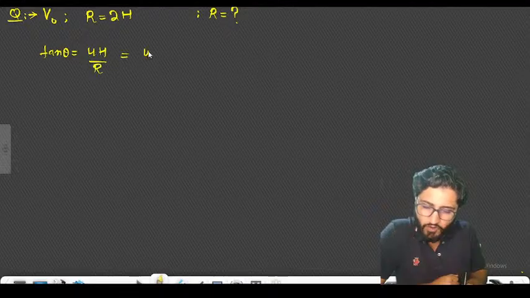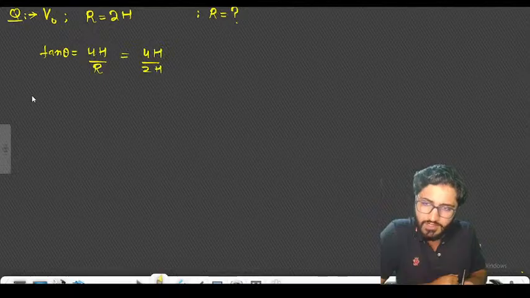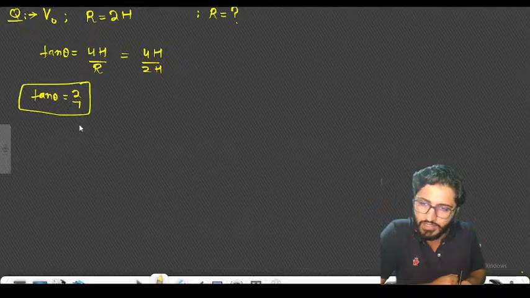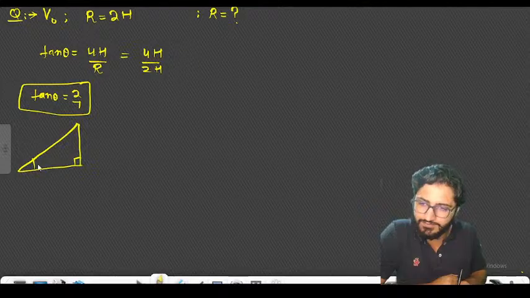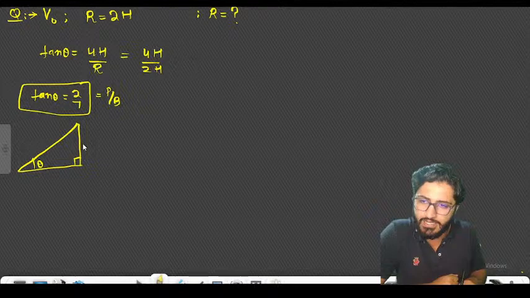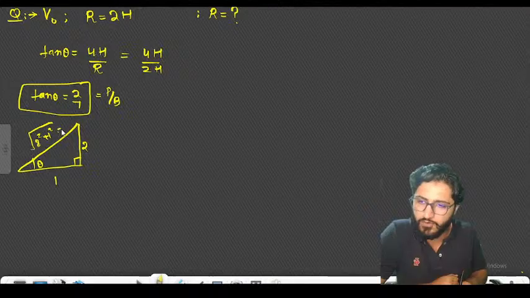Okay, 4h. What is r? It is 2h. So my tan theta came out to be 2 by 1. Look now. If this is my right-angled triangle, it is P by B. B is 1, P is 2, so hypotenuse is square root of 2 square plus 1, which is root 5.